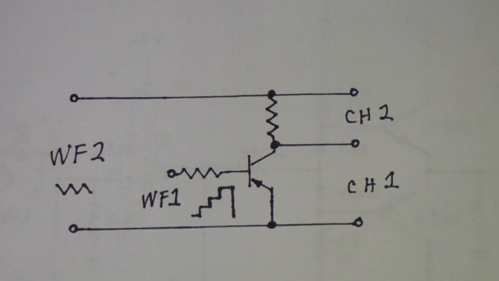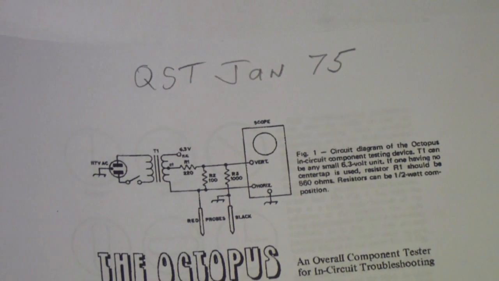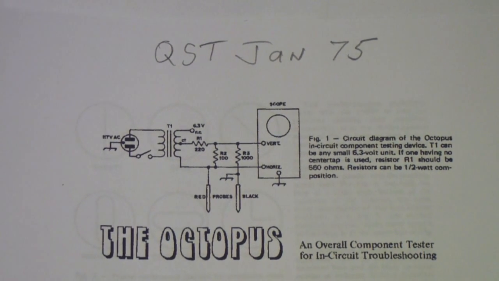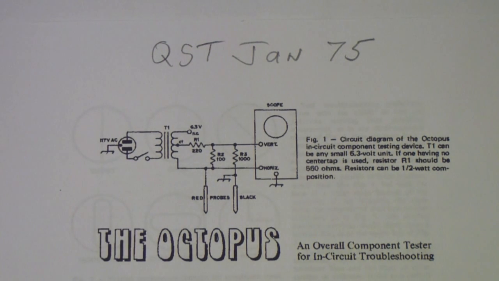But before we talk any more about the Analog Discovery, I want to do a very quick overview for those of you that might be interested in some of the history here. This is an article out of the January 1975 QST magazine called The Octopus. And you'll see at the top here is the circuit that he proposes.